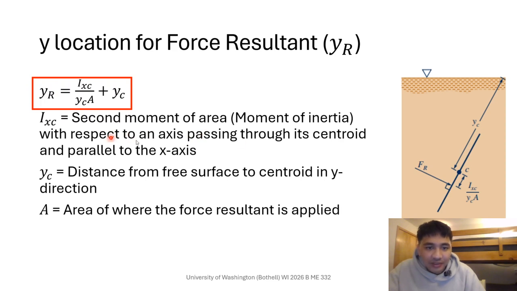It's essentially the area moment of inertia with respect to an axis passing through its centroid, right there, and parallel to the x-axis. And then YC is the distance from the free surface to the centroid in the y direction. So right here. And A is the area of where the force resultant is applied.